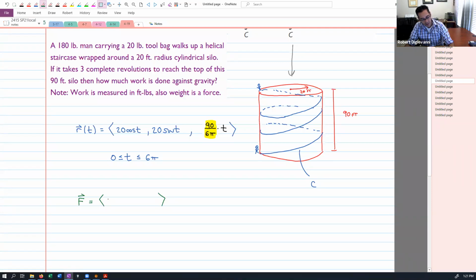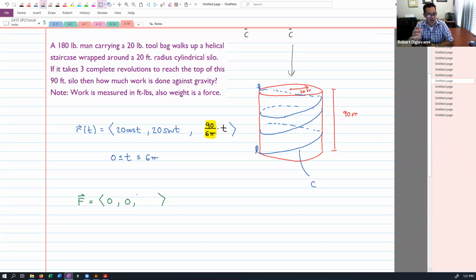So the x component would be 0, the y component would be 0, and now the z component: what force are we having to overcome? The gravity straight down, right? The gravity on the man in his bag, which is 200 pounds. When you look at somebody's weight in pounds, that is a force.